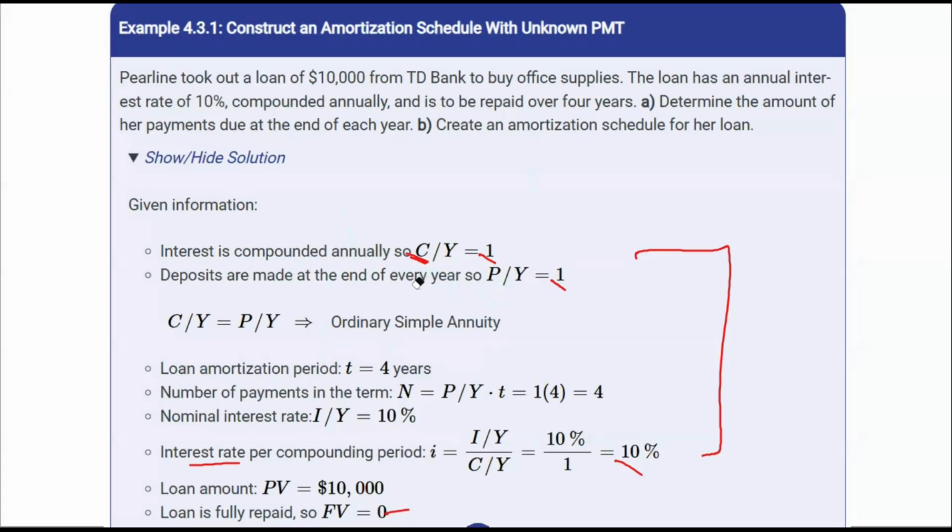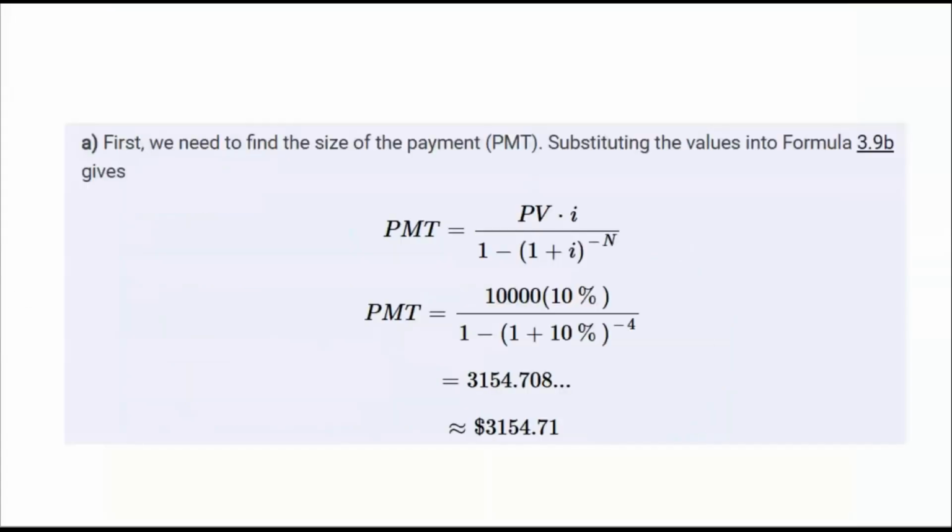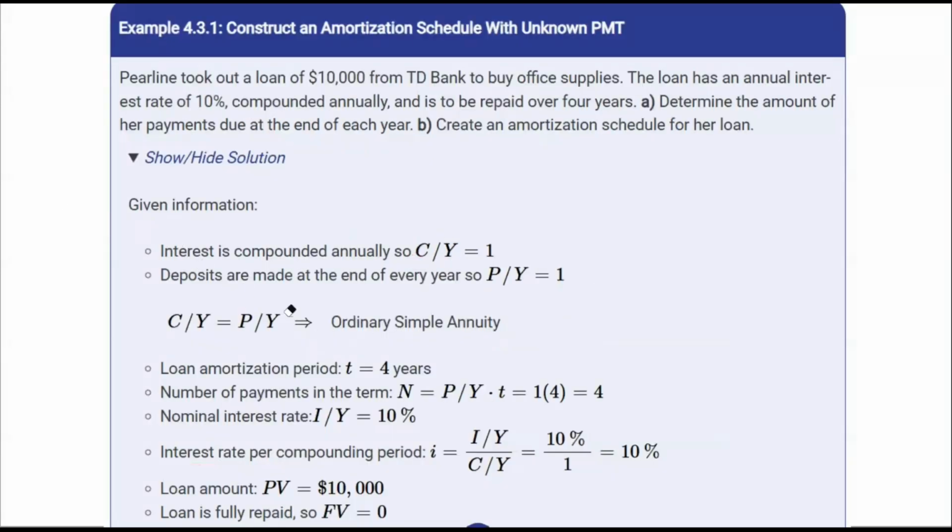Right? So let's go now to calculate the amount that this person will have to pay every year, right? Simple formula. This formula was given before in a previous video, and in some notes I gave you: the annuity payment for an ordinary simple annuity.